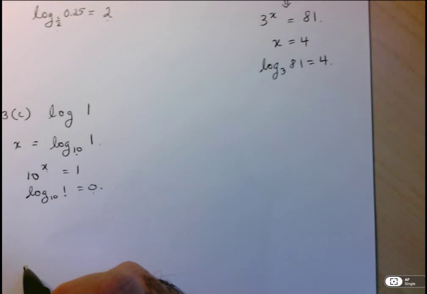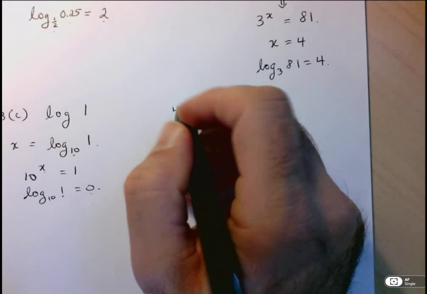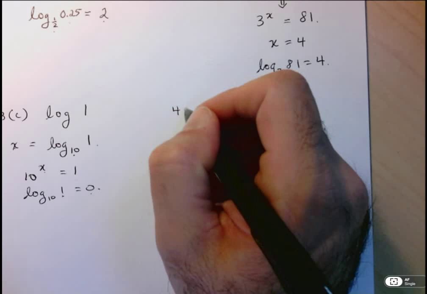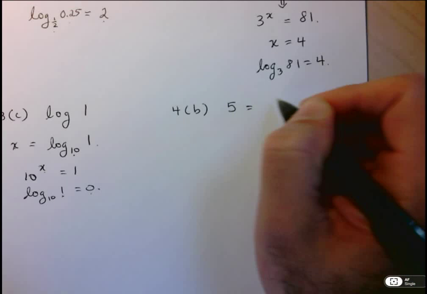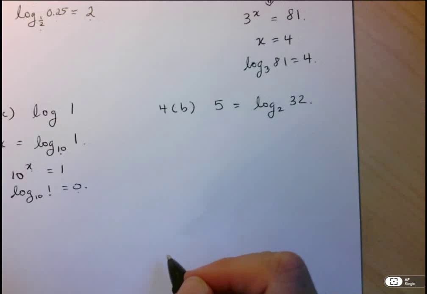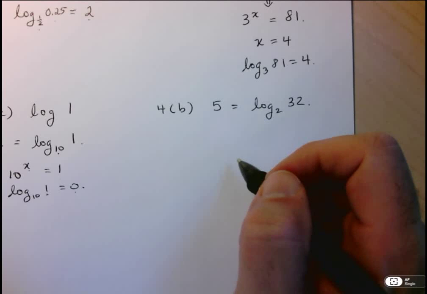Okay, let's move on to an example from number 4. So number 4, similar to number 2, asks us to change the form of an equation. So we'll do 4b. What we're given is 5 = log base 2 of 32. And they ask us to change this into an equivalent exponential expression.